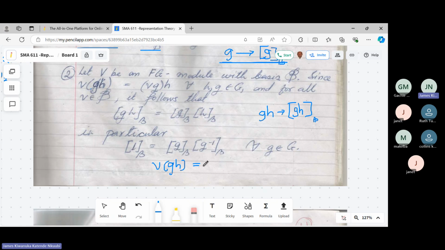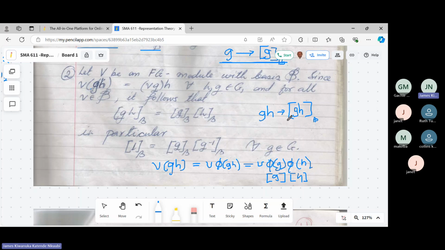the way this is defined, this is the same as multiplying by phi of GH, but we know that phi of GH is supposed to be a representation already, so you can split it into phi G and phi H. So this is the same as the matrix of G times the matrix with respect to H. Of course, the basis is the same.